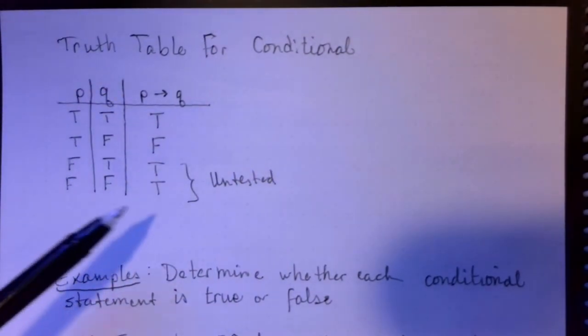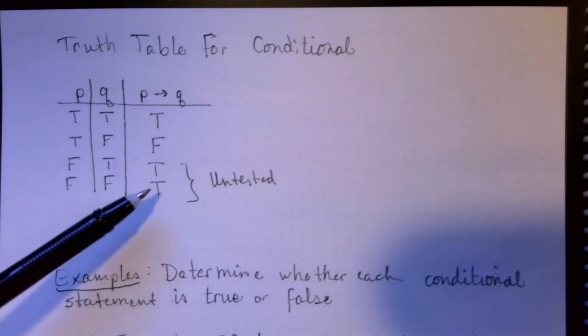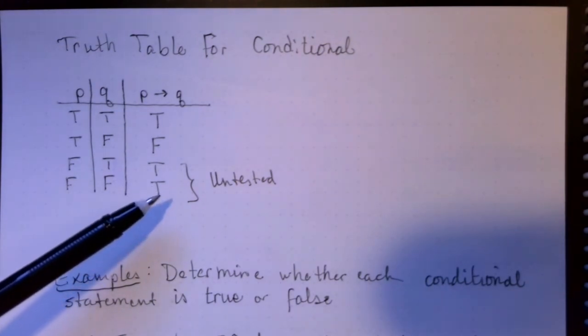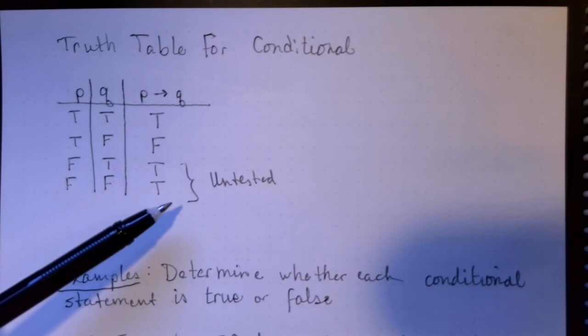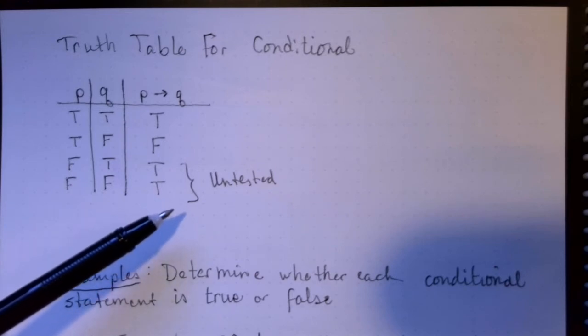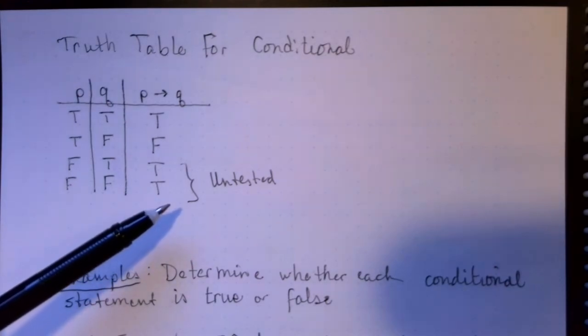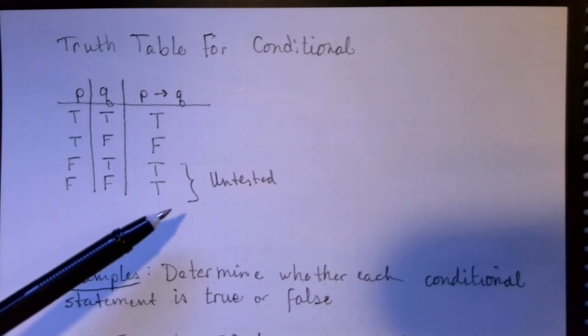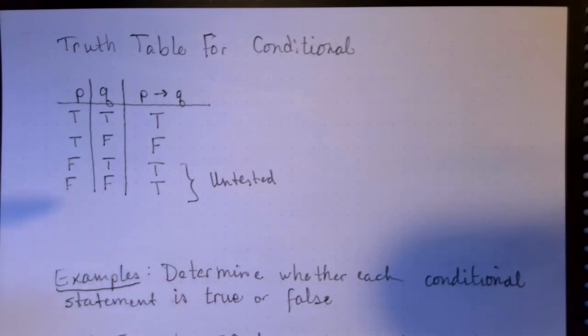All right, so let's imagine the statement is, if you clean your room, then you get ice cream. Well, if we're in this row of the truth table, you clean your room, you get ice cream, so everything is great. In this row, you cleaned your room, but you didn't get ice cream.